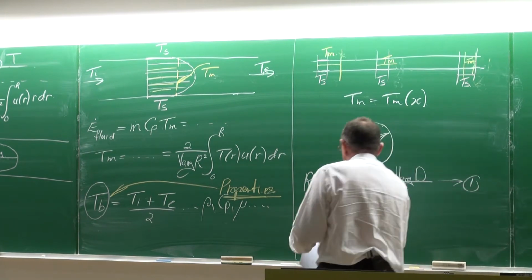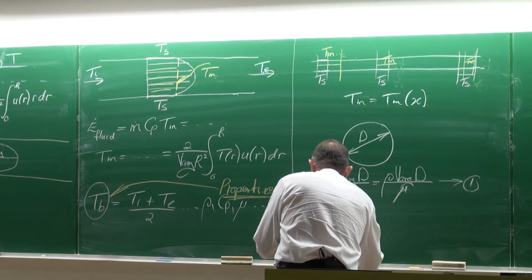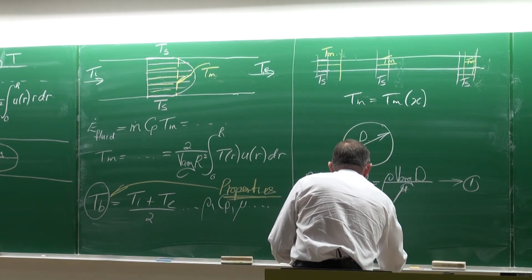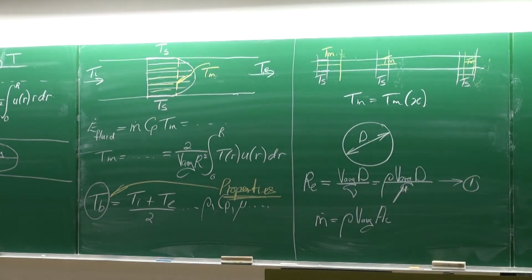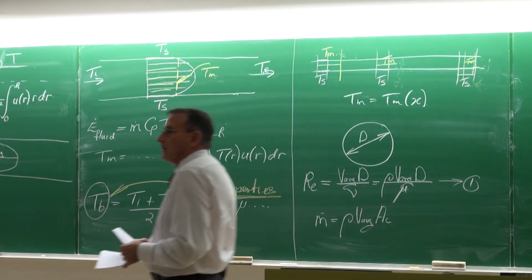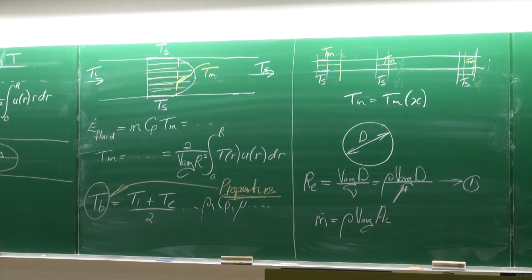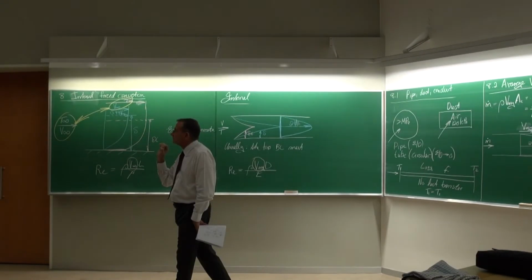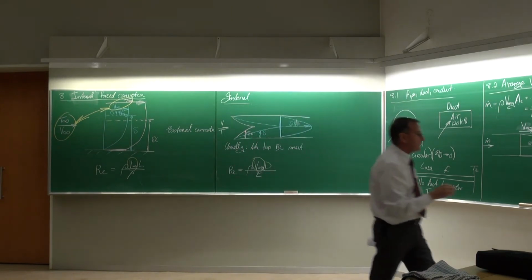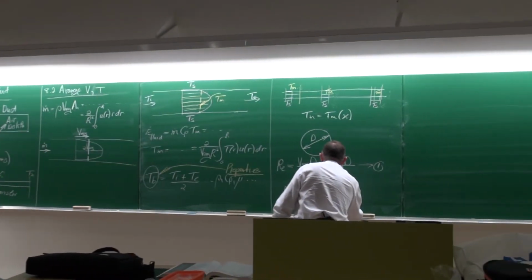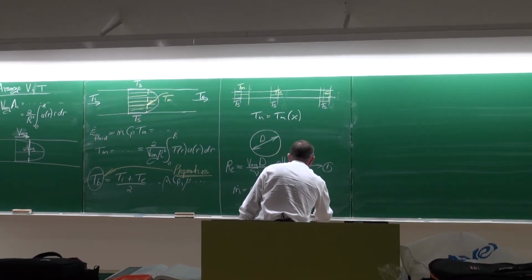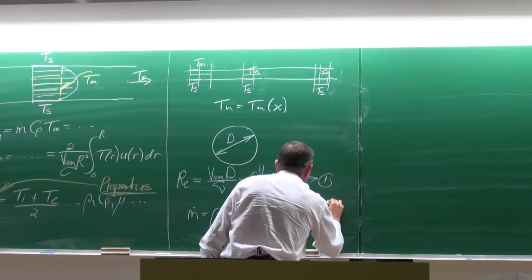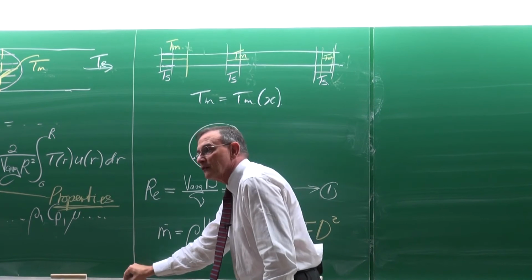And then we can say the mass flow rate is equal to rho V average multiplied by the cross-sectional area. What is the cross-sectional area of the tube equal to? Circular tube. In this case the cross-sectional area is pi over 4 d squared. I'm writing it in another color for a very good reason.